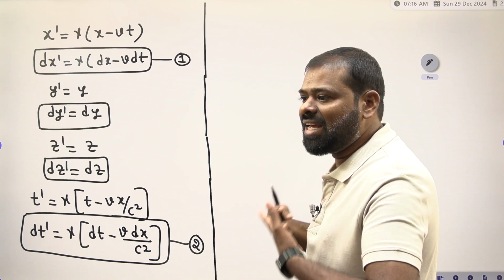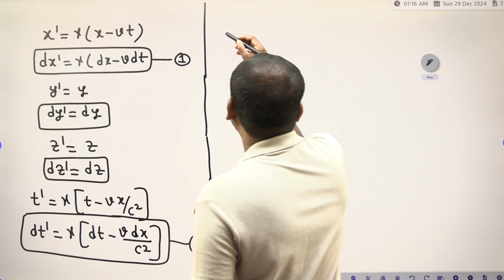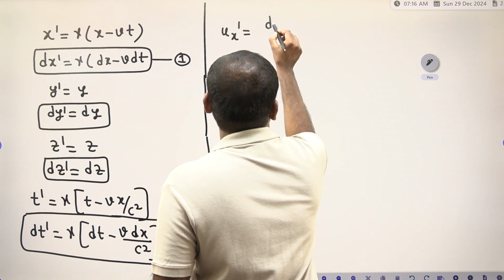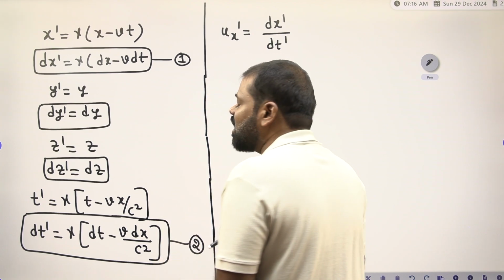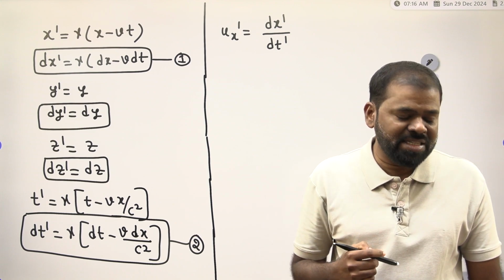Now we have to calculate the velocity components. u x dash is equal to dx dash divided by dt dash.